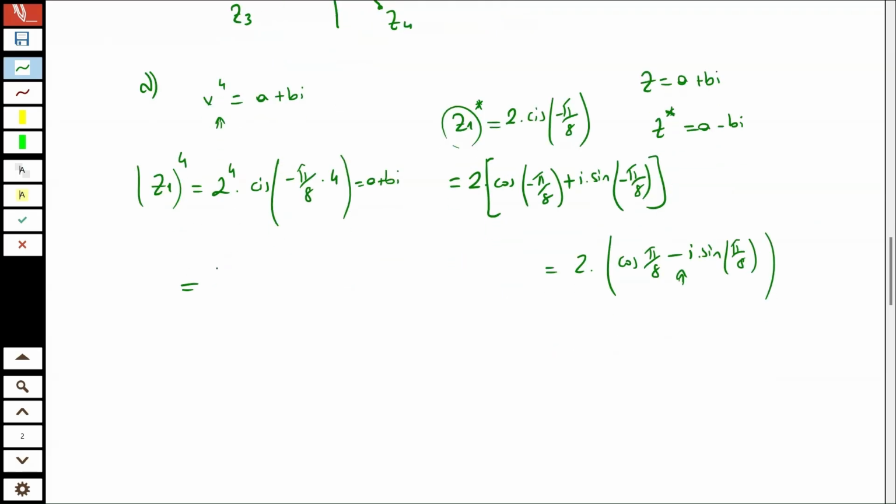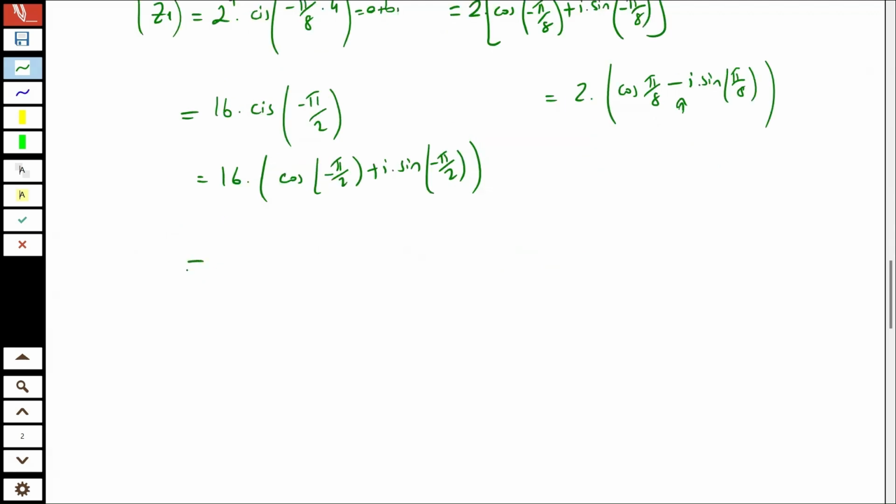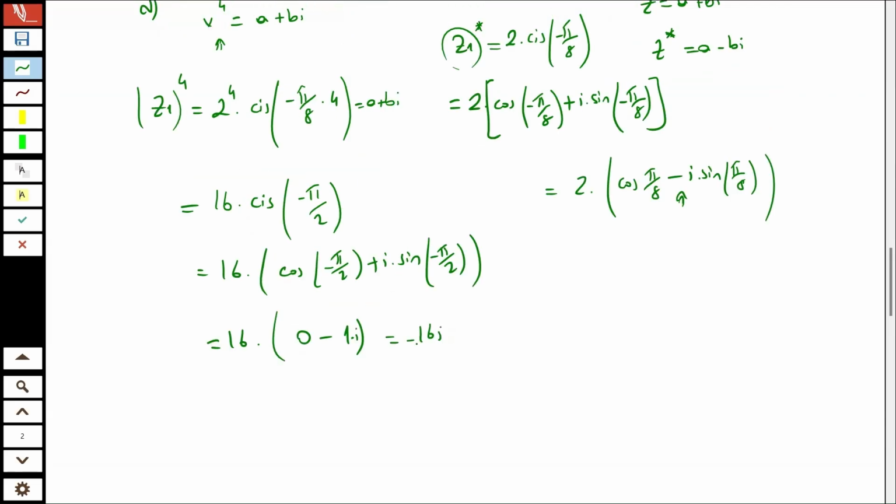From here you can write 16 times cis minus pi over 2, which is 16 times cosine minus pi over 2 plus I times sine minus pi over 2. It equals 16 times 0 minus I times 1 equals minus 16 times I.